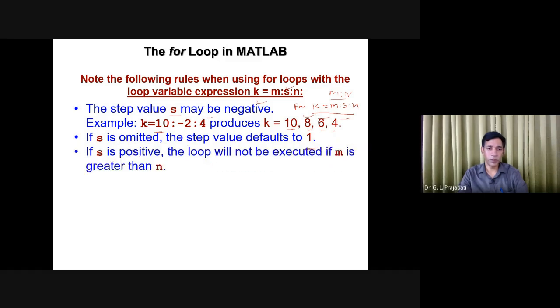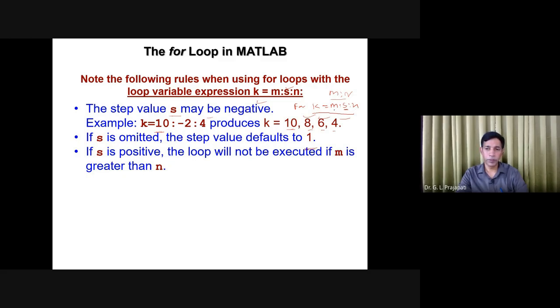If s is positive, the loop will not be executed if m is greater than n. So if s is positive, then you must have m less than or equal to n.